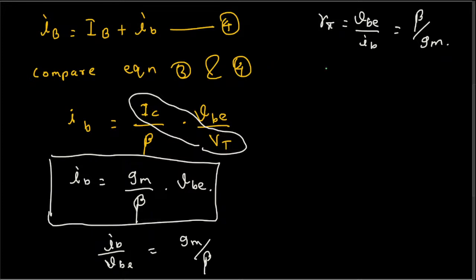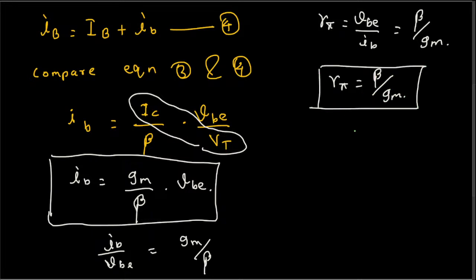Okay, so from this one we can say therefore r pi is equal to beta over gm. And r pi can also be written as beta over, instead of gm we can write IC over VT. So this VT can be flipped and written on the top, so this is going to be beta VT over IC.